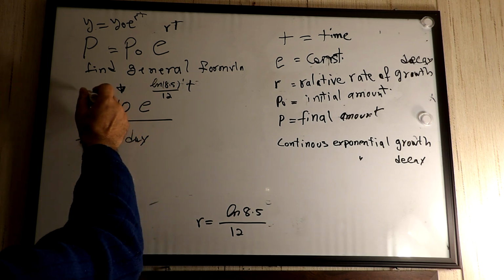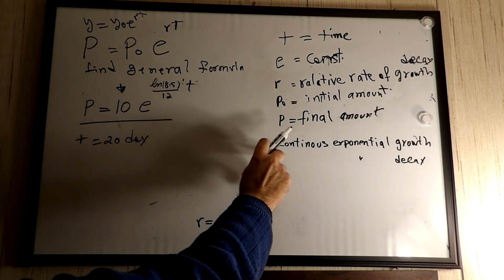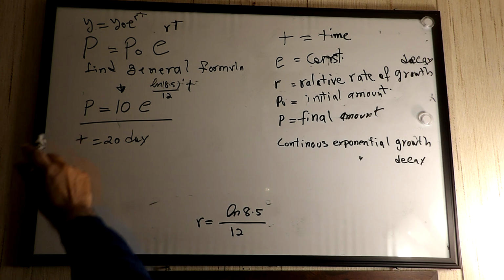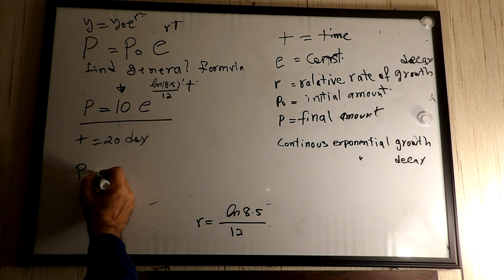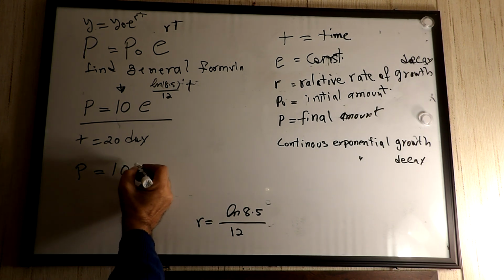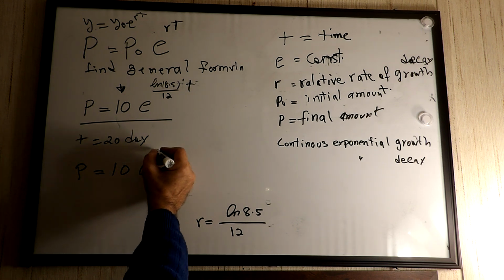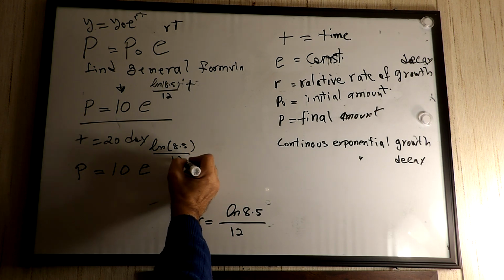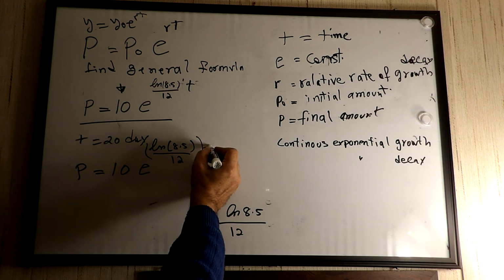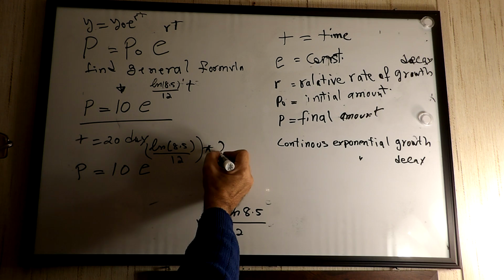How many bacteria are we going to have? You know, for sure, as the time passes, the more bacteria are going to grow. So we put this here: P is equal to 10e^((ln 8.5 divided by 12) times 20).